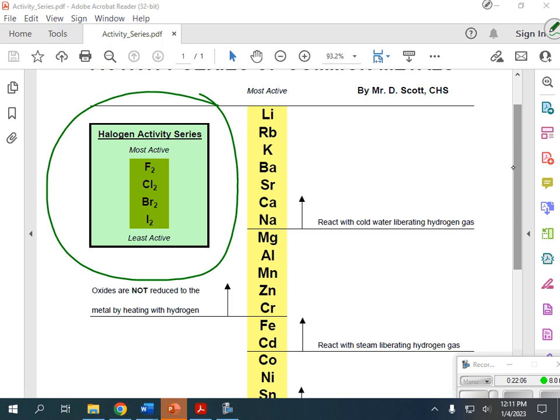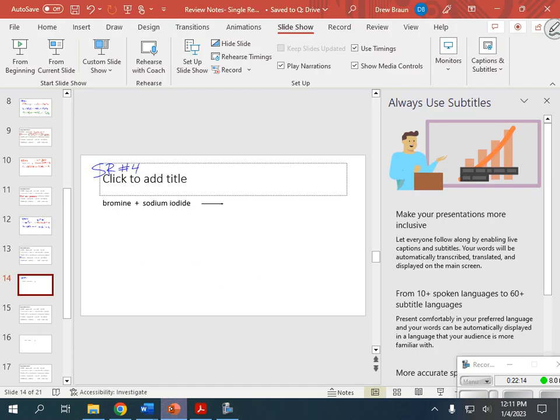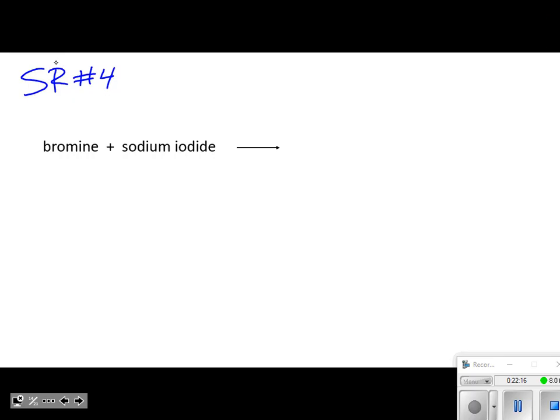So a halogen is going to replace another halogen. So as I look back here, my halogen, bromine, is going to replace my other halogen, which is iodine.